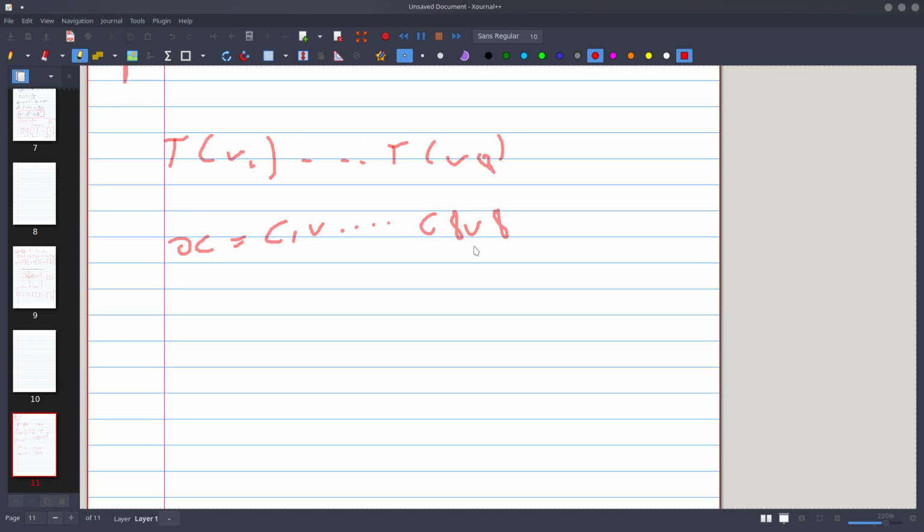And so T of x, this is just repeating what we've seen already: C1 times T of V1 all the way up to C8 times T of V8. It's fairly straightforward. This is really the transformation done on all of the basis vectors at once, and so this is just T of C1 V1 all the way up to C8 V8.